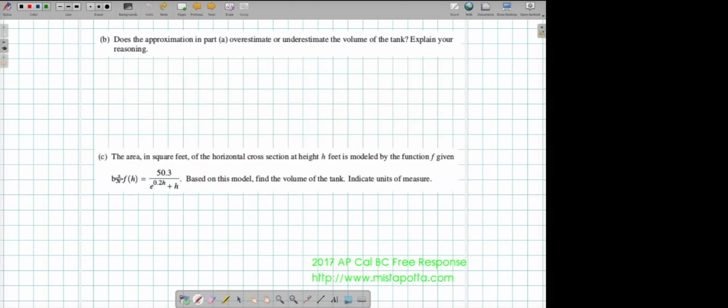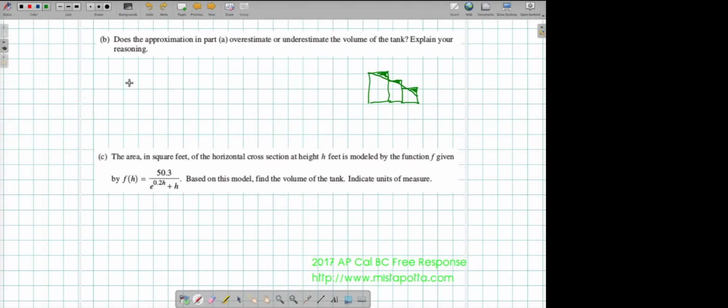For part B, it says, does the approximation in part A overestimate or underestimate the volume of the tank? Explain your reasoning. Keep in mind, we're looking at rectangles that are getting progressively smaller. But the other thing they told us is that this is a decreasing function. And because this is a decreasing function, all of this extra area that we've included here is just that, it's extra.